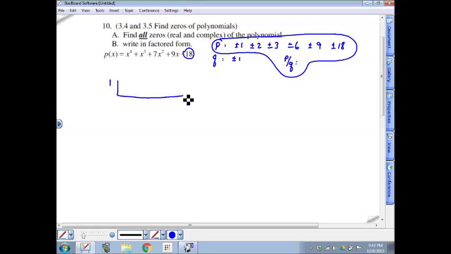So I'm going to test positive 1. And see if we get lucky. And it looks like we do.